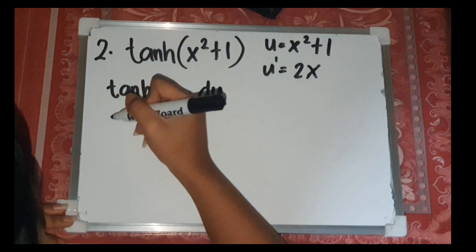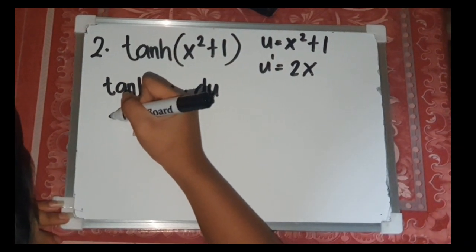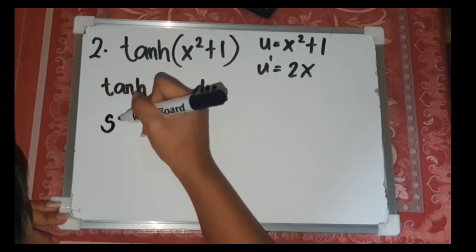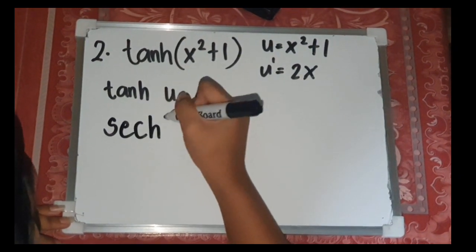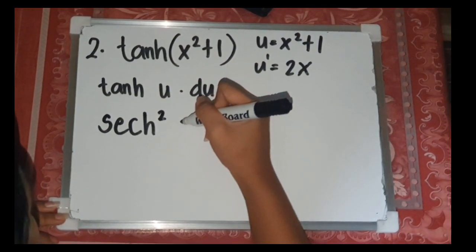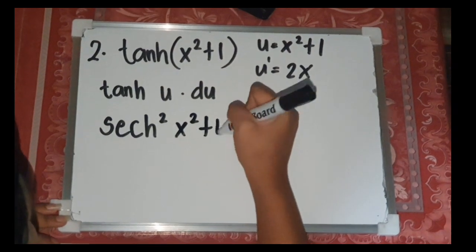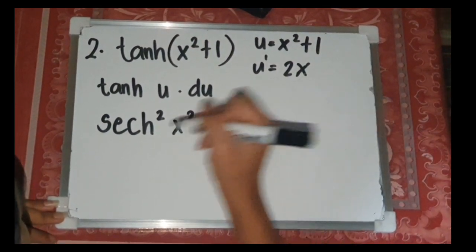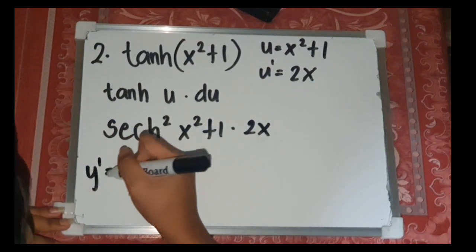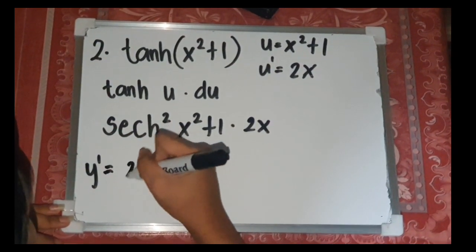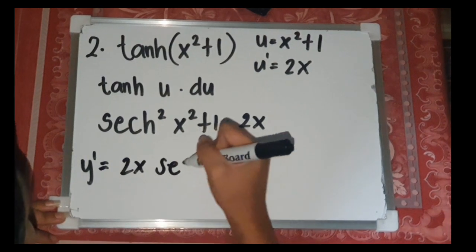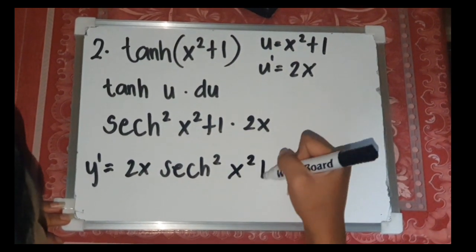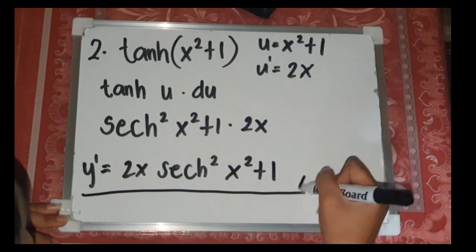Then distribute. The derivative of hyperbolic tangent is hyperbolic secant squared. Our u is x squared plus 1, and the derivative of u is 2x. Then arrange it: 2x hyperbolic secant squared of x squared plus 1, and this is our derivative.